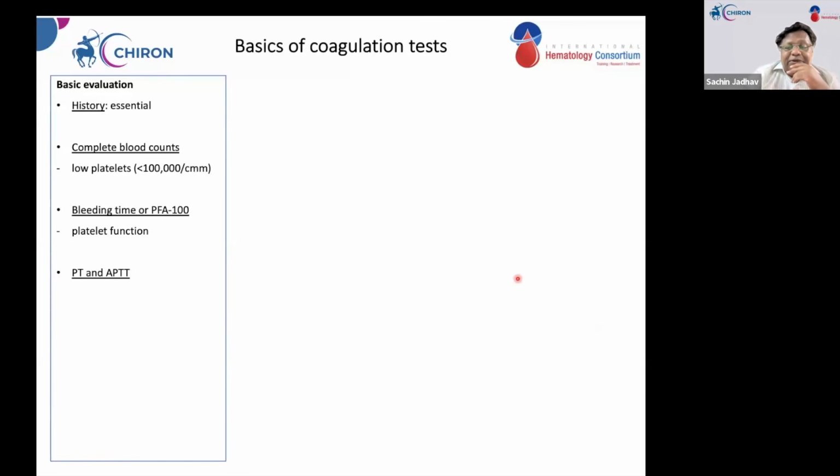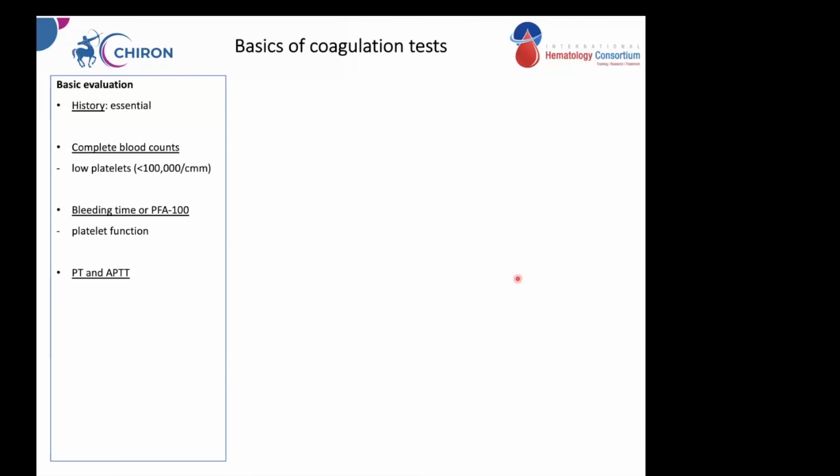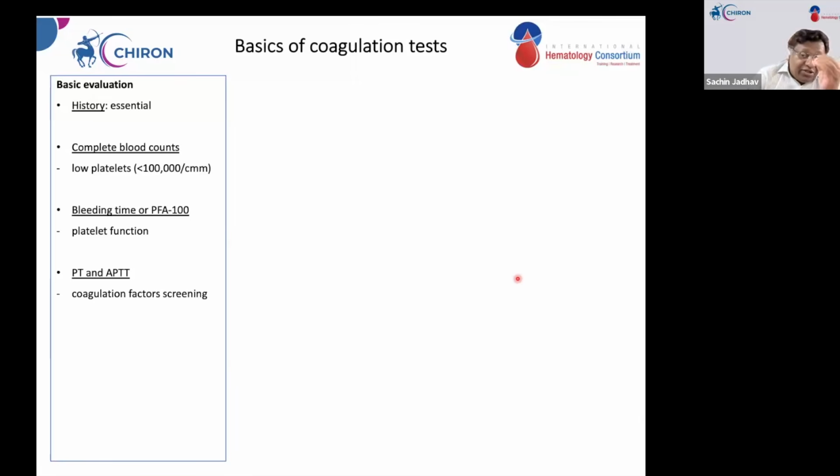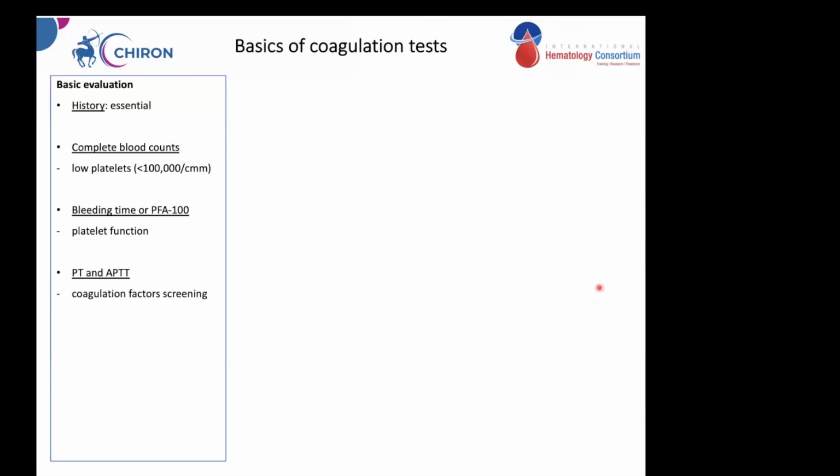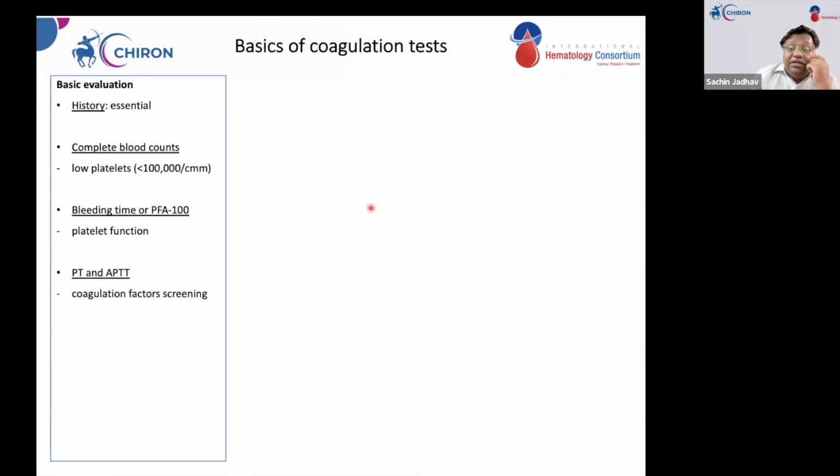These are the basic evaluation. We then have PT and APTT, prothrombin time and activated partial thromboplastin time. Again, if these two are normal, then you're practically... So, if PT and APTT are bang normal, if they are done properly, however, most of the labs don't do this properly.